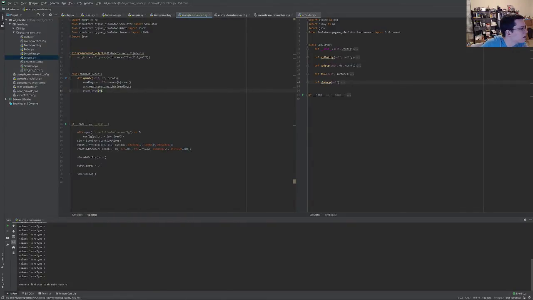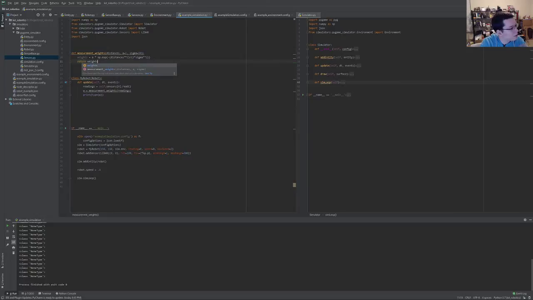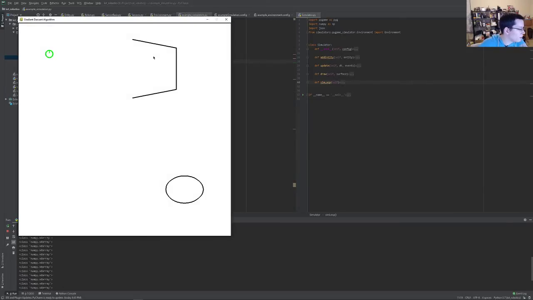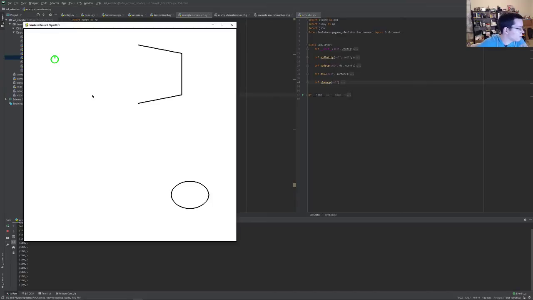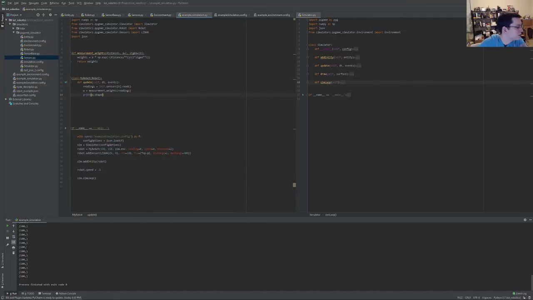Why is it a None type? Okay, I have a problem. Return weights. There we go. It's a NumPy array. W.shape: 180. So resolution is 180.